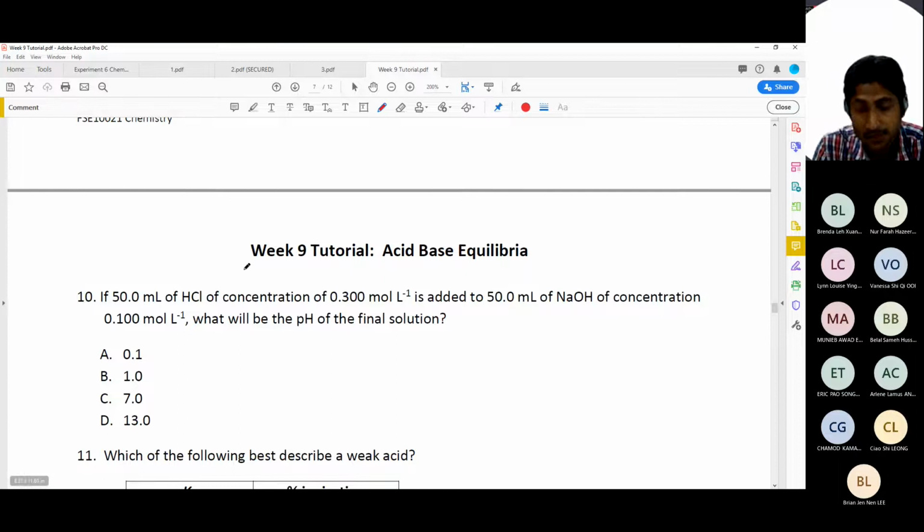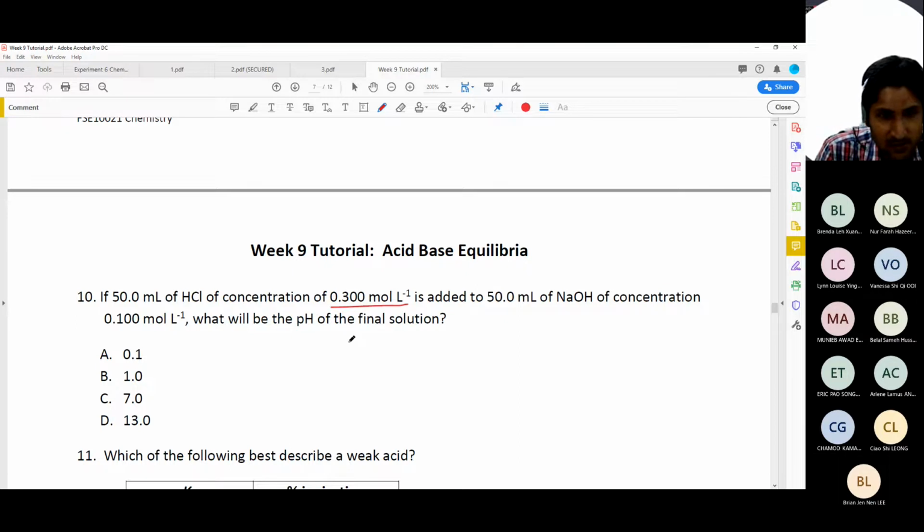Okay, question number 10. If 50 milliliter of HCl of concentration 0.3 mole per liter is added to 50 milliliter of sodium hydroxide of concentration 0.1 mole per liter, what will be the pH of the final solution? For HCl, I have 0.3 mole per liter. For sodium hydroxide, I have 0.1 mole per liter.